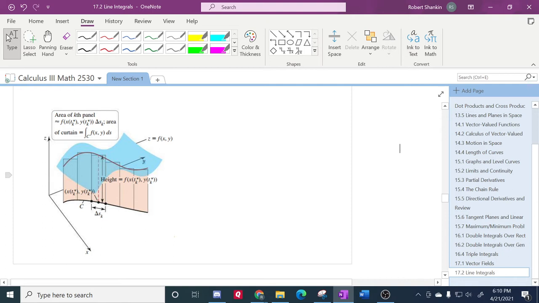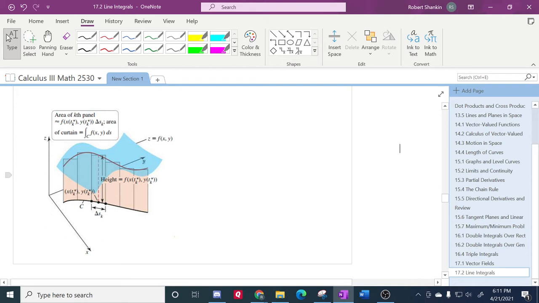Now, what Hisu was kind of getting at, though, is what if this f of xy is 1? If f of xy is just z equals 1, then what does this integral represent then?